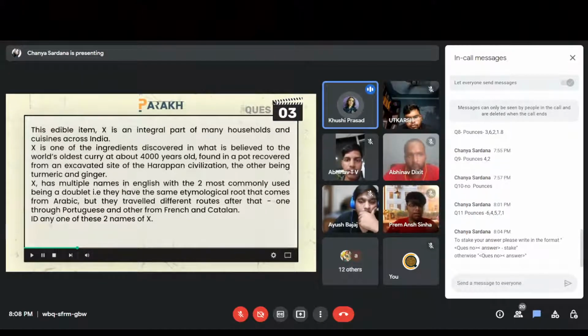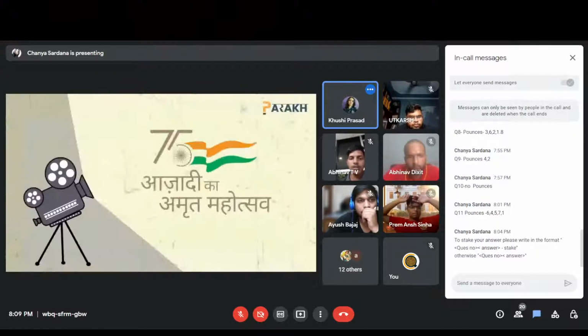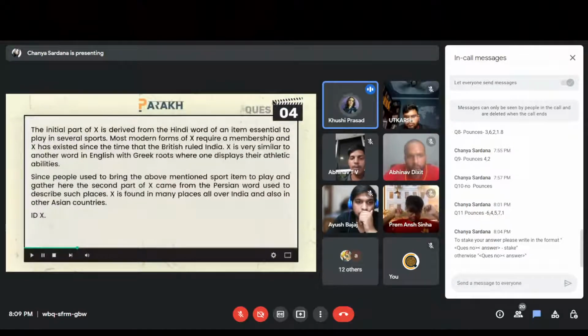So you have to name the edible item X. And the next question. The initial part of the word is derived from the Hindi word of an item essential to playing several sports, and it is also similar to another word in English with Greek roots. So you have to tell what word it is.